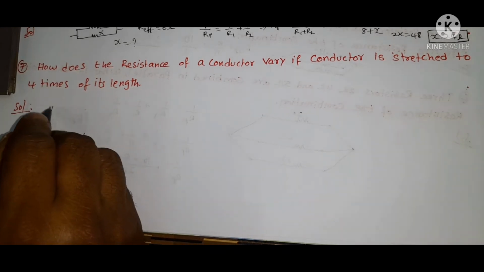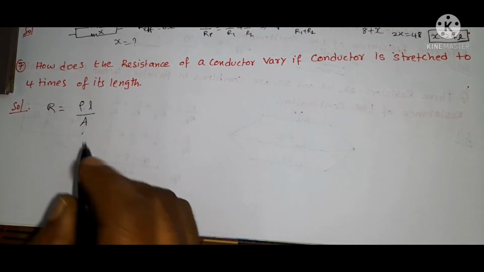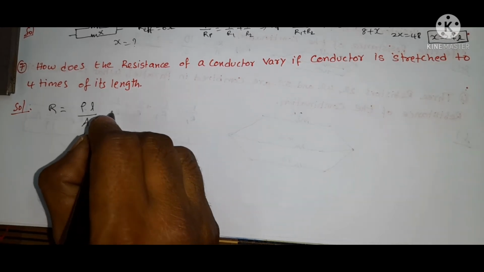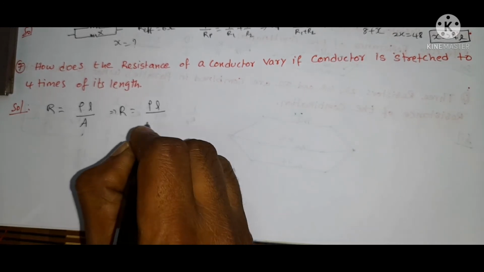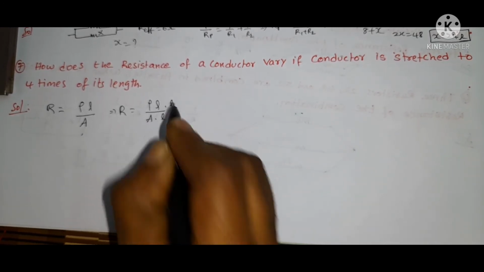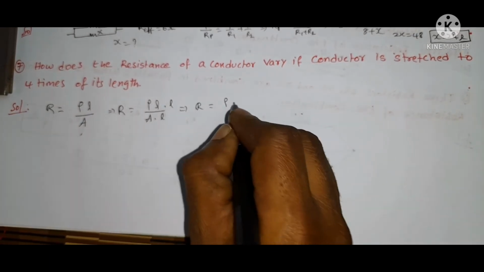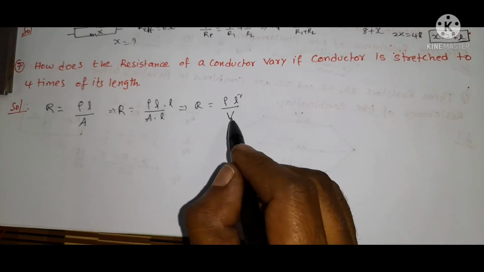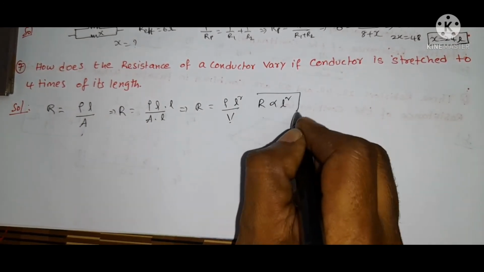As we know, the formula for the resistance is R is equal to rho L by A. In this case, volume constant means it will be converted into volume, that is R is equal to rho L by area into length. That means R is equal to rho L square by volume, since area into length is volume. So density and volume are constant here. You can write R is proportional to L square.